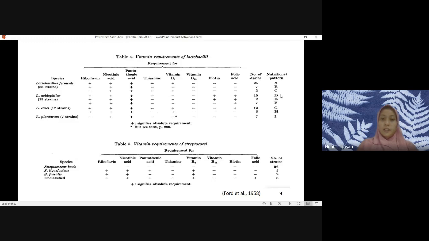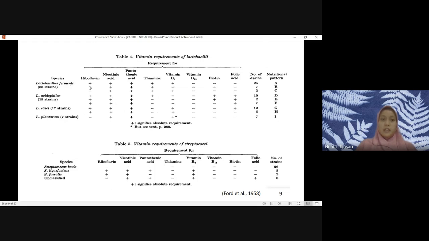And in this figure I would like to show that even though the bacteria need pantothenic acid for growth, they not only require pantothenic acid, but they also need other B vitamins. For example, here we can see Lactobacillus fermentii in the first line.